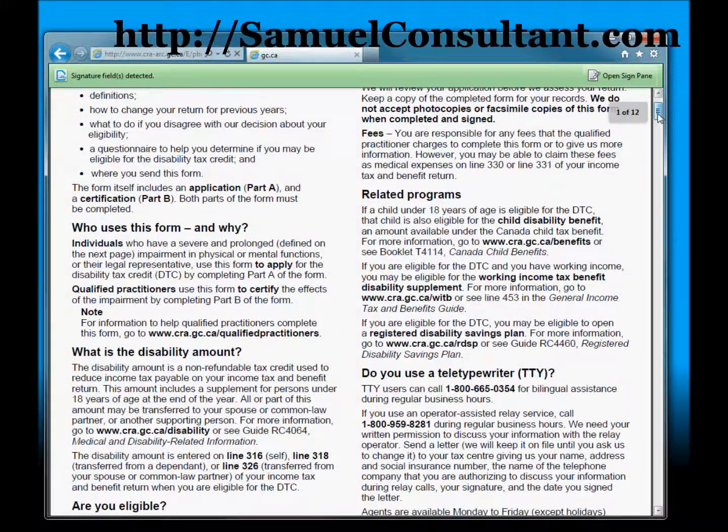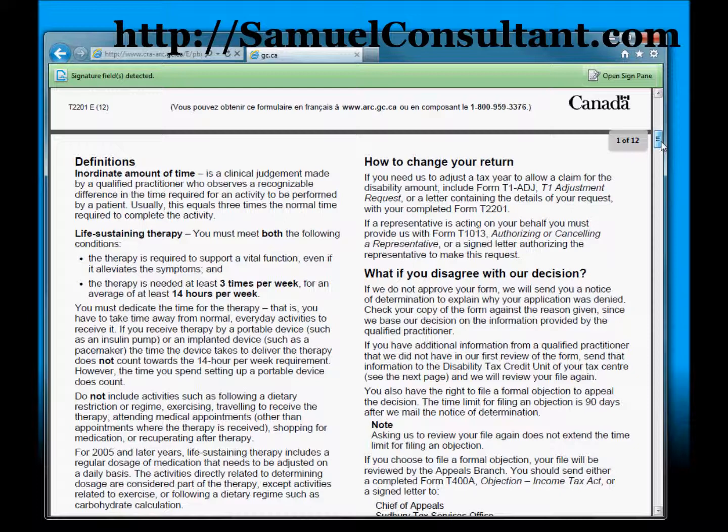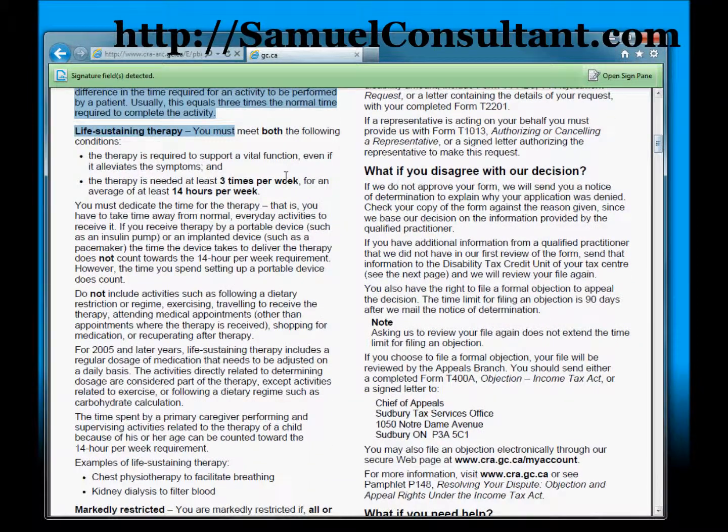On the first couple of pages, they include the definition of a lot of terms actually. So you could see they have written a clear definition of what is meant by life sustaining therapy.